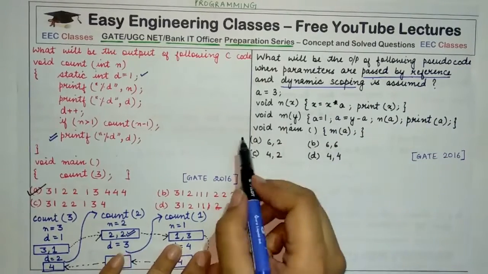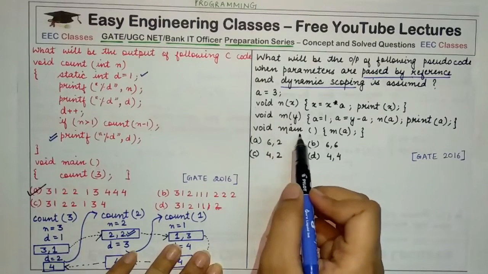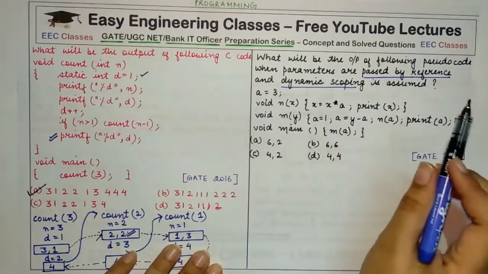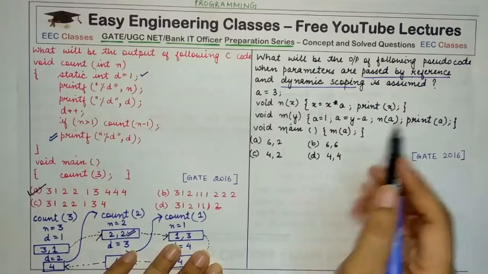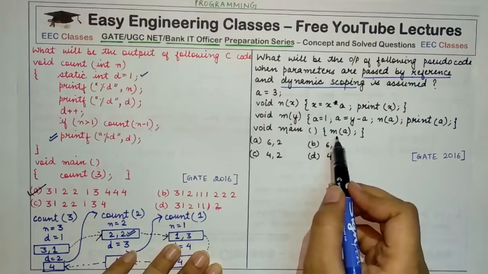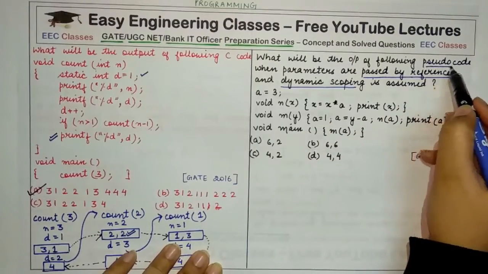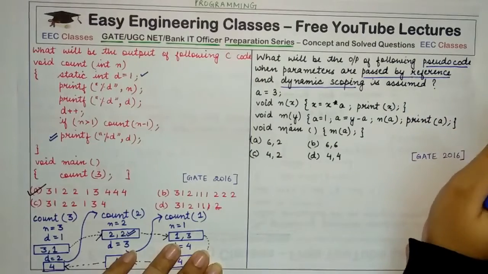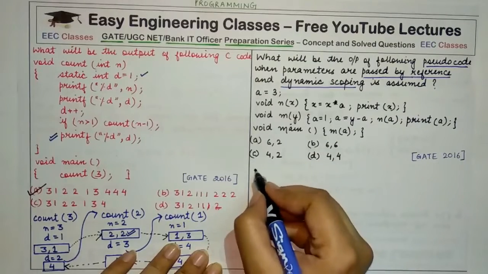So we'll start with void main. There are three functions, n, m, and main. So please remember the parameters are being passed by reference. In void main, we call the function m of a, and it is a pseudocode, so it won't correspond to all the details of any particular language like C or C++. Okay. So m of a is called.